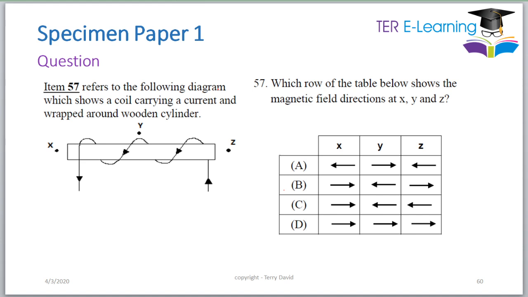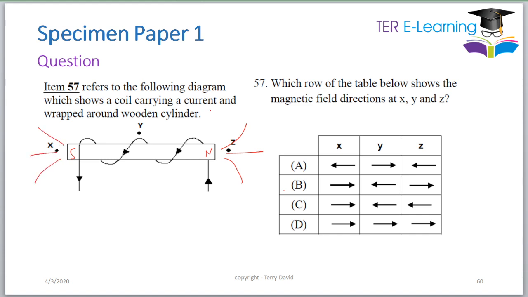let's see, right-hand grip rule. If you're using a right-hand grip rule, it means that this side here is going to be my north and this side here is going to be my south, right? So my field is going to look like this on both sides.